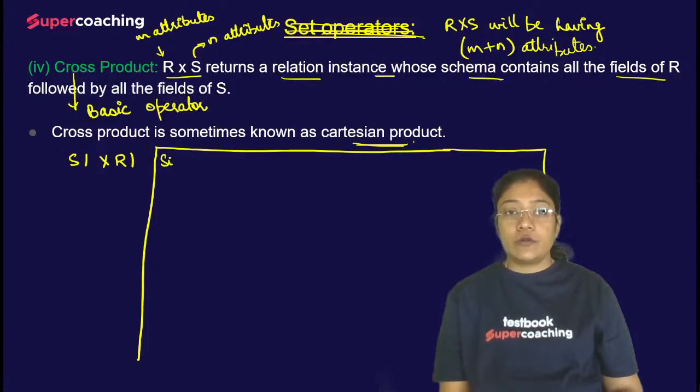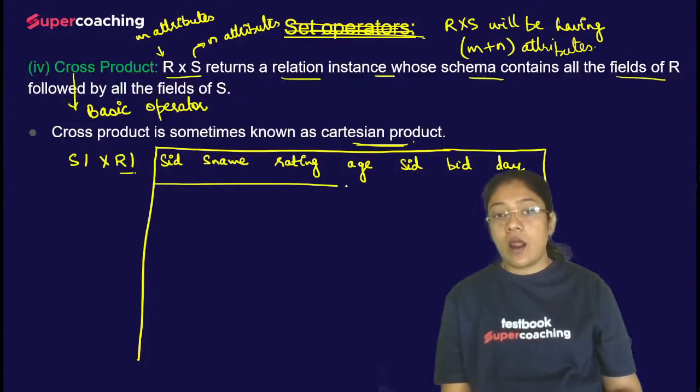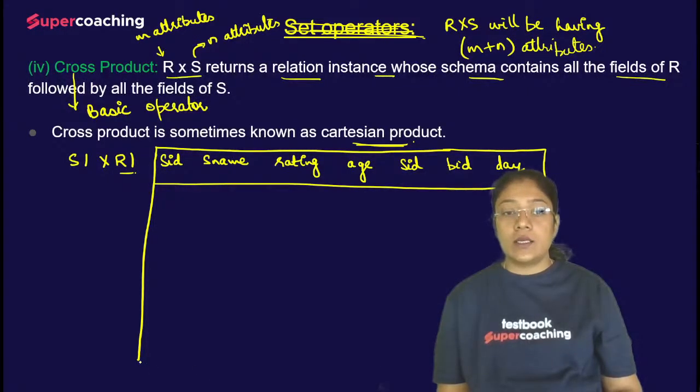So first of all, we'll be having the attributes of the relational instance S1, sailors: SID, SName, rating, and age. Then followed by the attributes of the relational instance R1. This was having the SID, boat ID, and D. So 7 attributes we have taken, and the number of rows will be 6.